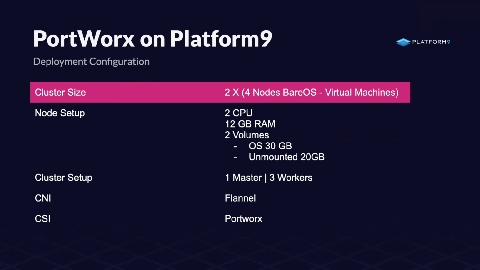I built 2 clusters, each with 4 nodes. They're a single master setup using what we call BareOS, which is just running on top of CentOS or Ubuntu, and they're VMs in the Platform 9 managed OpenStack environment that we use internally. You can see the rest of the nodes set up there.